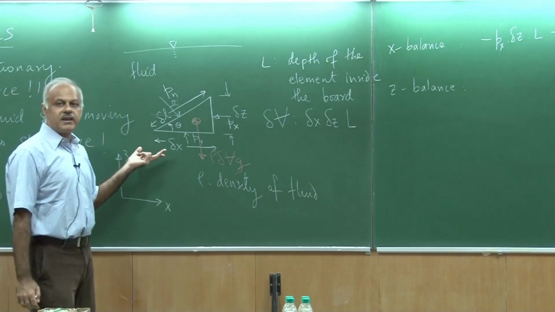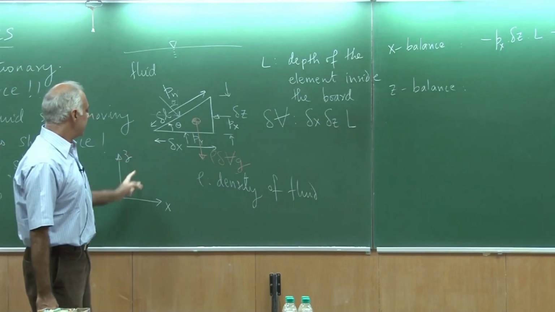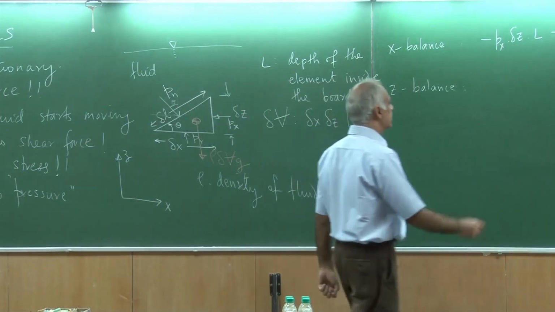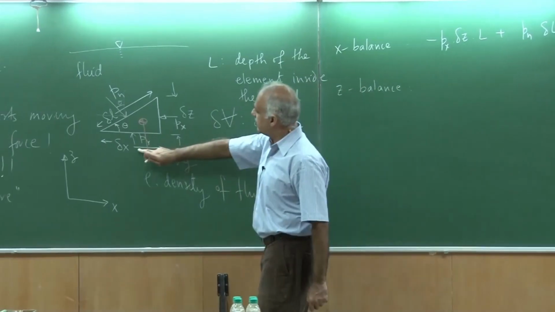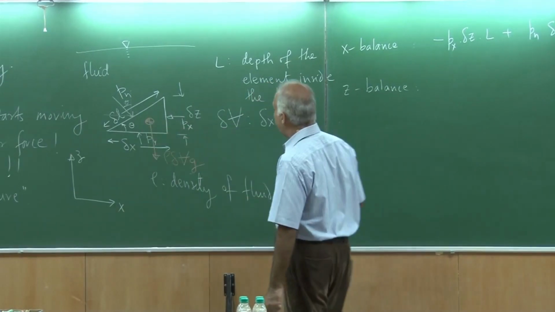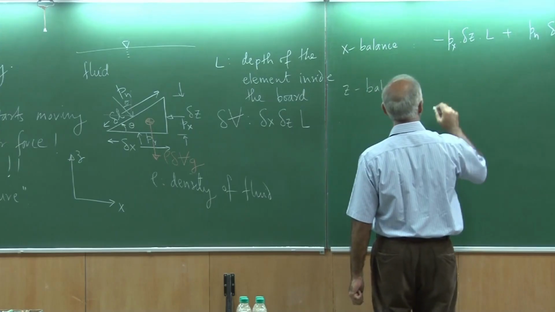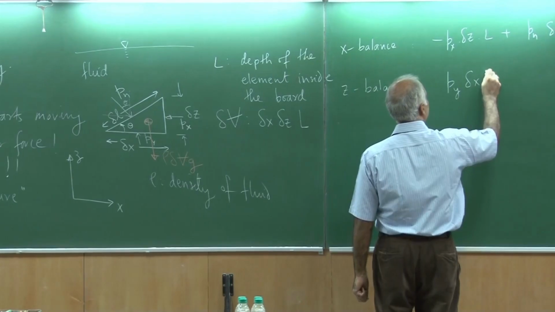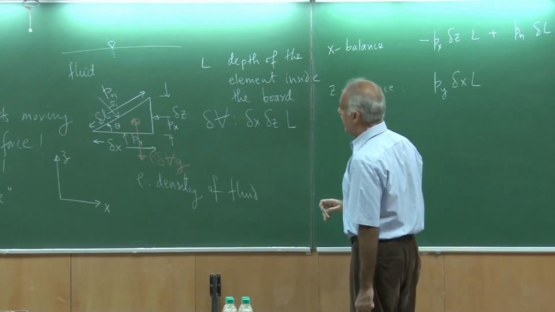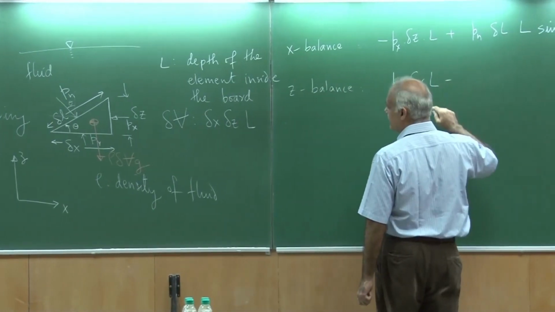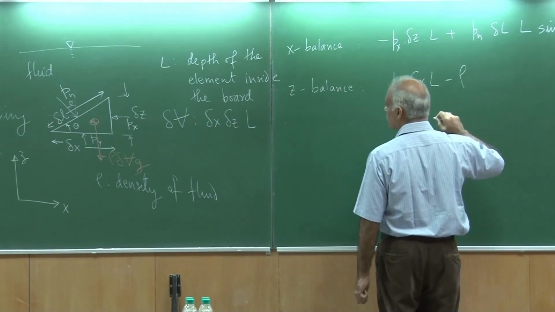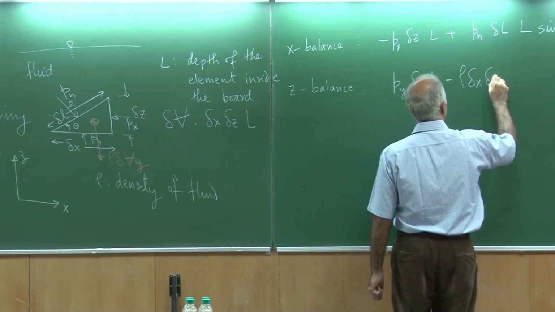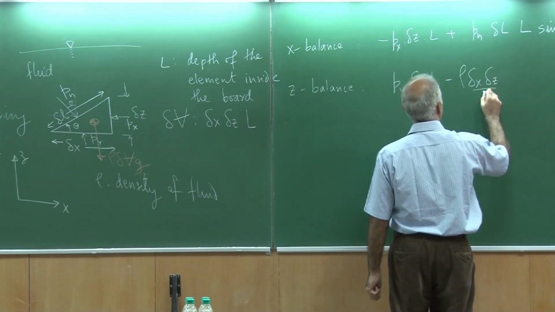All right, I can do a similar balance for the z direction, which is the vertical direction. So there is a pressure acting on this face, and that force is in the positive direction. So I am going to have plus Py times delta x times L, and then I have the weight. So that's in the negative direction. So that's minus rho delta x delta z by 2.